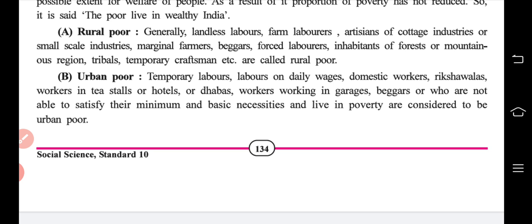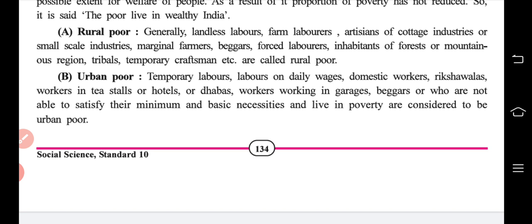Now the urban poor: those people who are living in urban areas are still poor. What is the reason behind it? Sometimes people do not have work in their villages, so they rush to the city area, and the life of the city is a little costlier than the village.